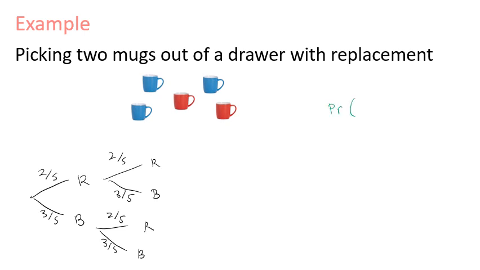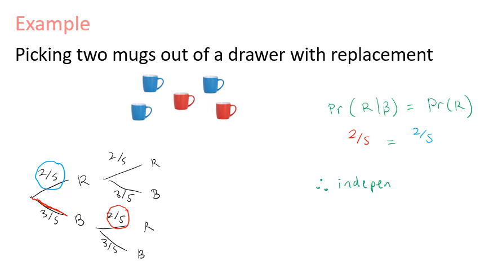The probability of red, given that blue has already occurred, equals the probability of red. So the probability of red, given that blue's occurred, is 2 out of 5, and the probability of red occurring is 2 out of 5. Therefore, because they equal the same, these events are independent.